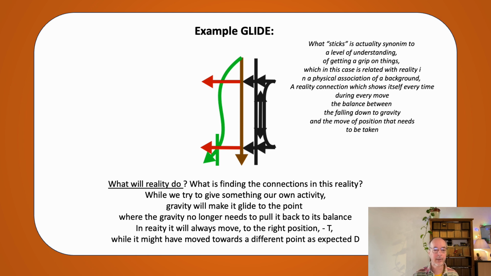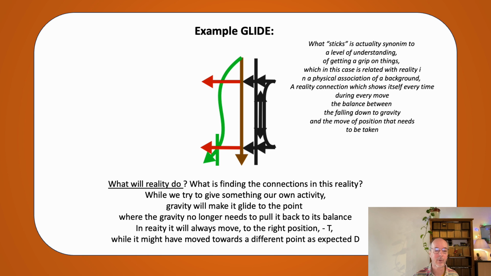So, what did I express here? What will reality do? What's finding the connections in this reality? While we try to give something to our own activity, gravity will make it glide to the point where gravity no longer needs to pull it back to its balance.